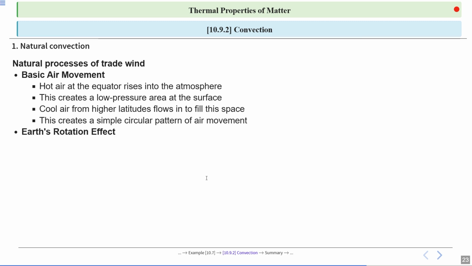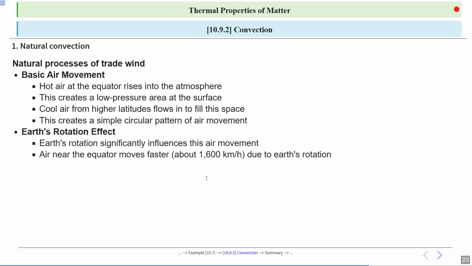Third is Earth's rotation effect. Earth's rotation significantly influences air movement. Earth is rotating from west to east, and near the equator the speed is 1600 km per hour due to Earth's rotation.